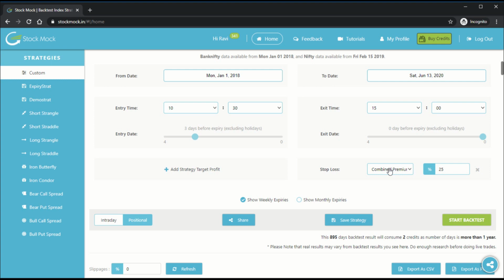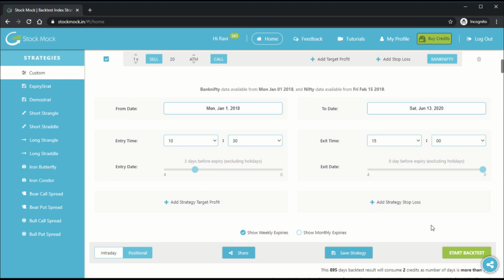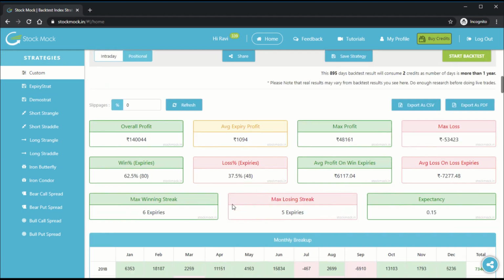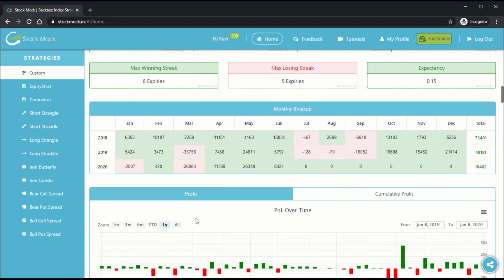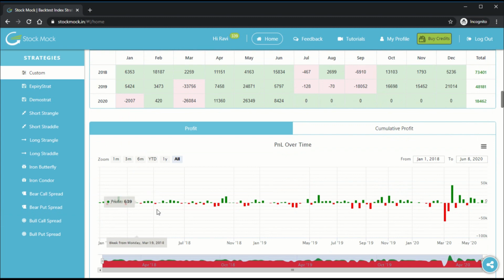So first, let me run a backtest without having any stop loss or target levels. There you go. Running the backtest has given me the results where you can see, without any stop loss or target, just with the entry and exit, these are the different profit and loss levels obtained per expiry.